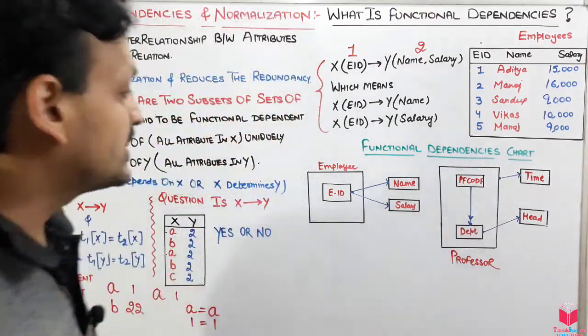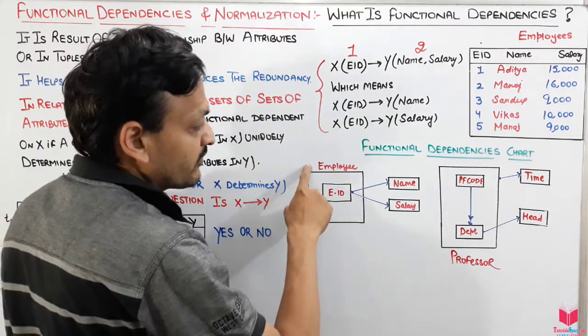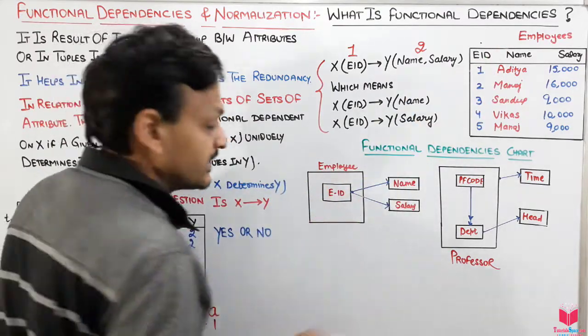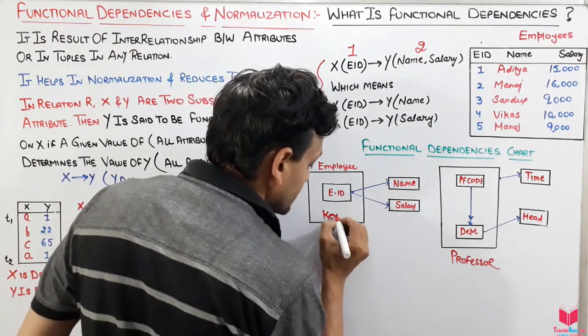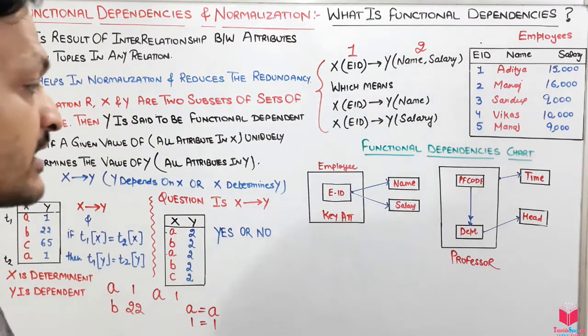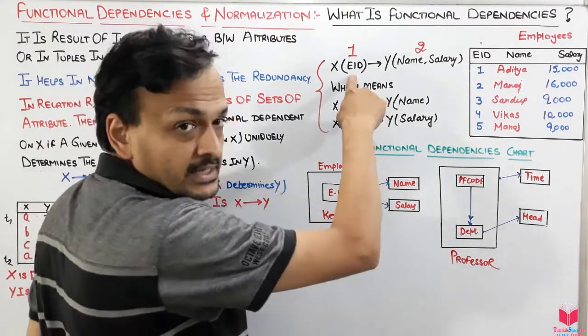Okay guys, so let's see this functional dependency chart. We have a rectangle. Over there we write the employee, that is the table name. In that we enter the key attributes. Okay guys, we have to write the key attribute inside the rectangle box. So in it we have a key attribute, that is EID.